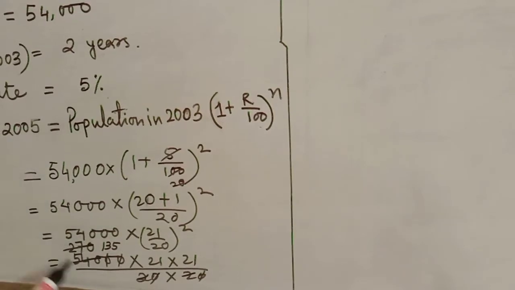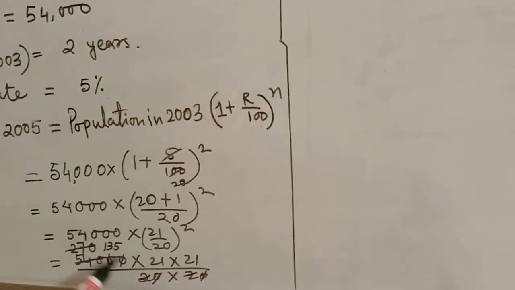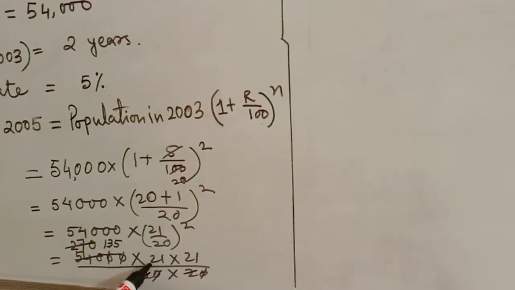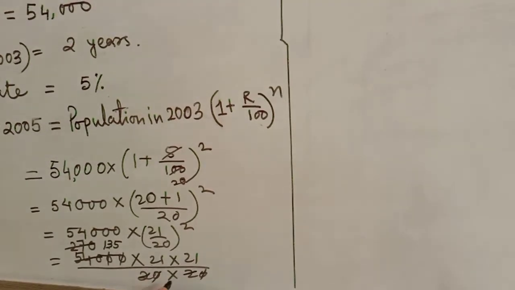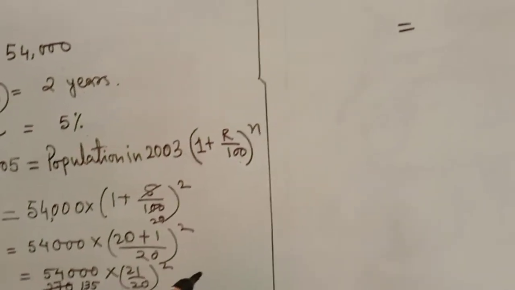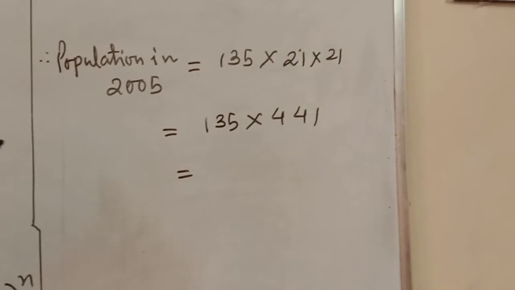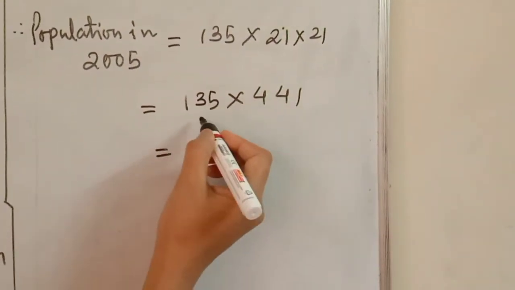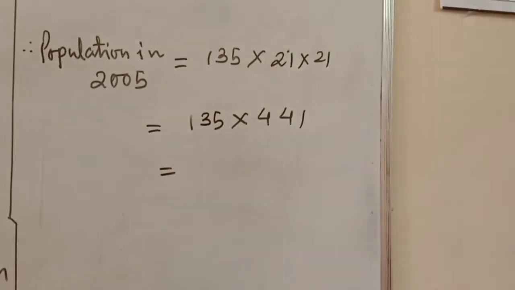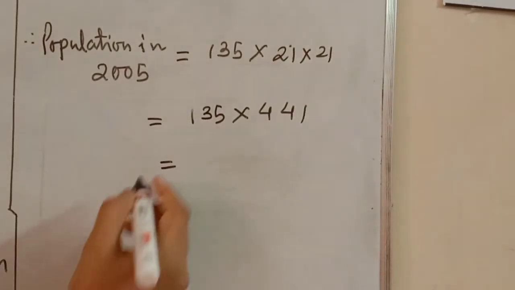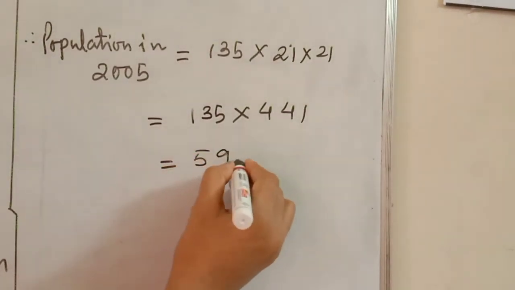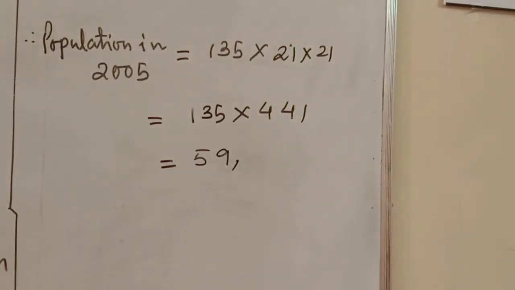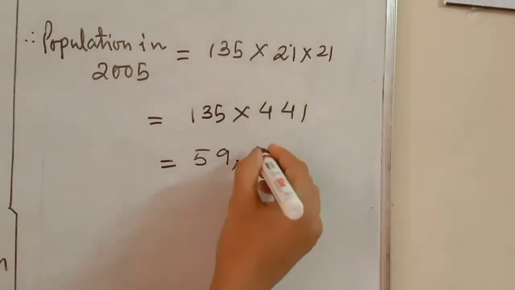Now the population in 2005, when we have completed our cancellation, is 135 into 21 into 21, with denominator 1 and 1. So population in 2005 is equal to 135 into 441. If you multiply, you will see the result is 59,535.